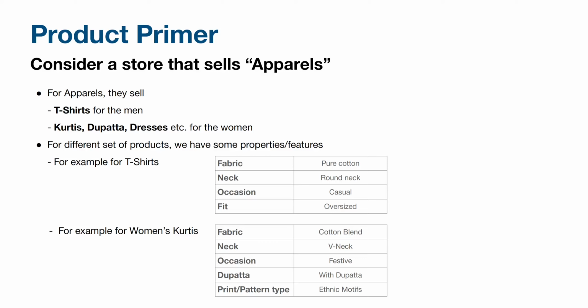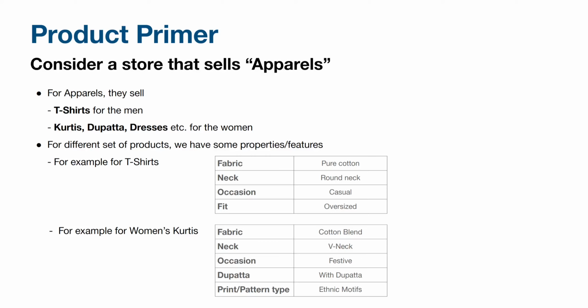Now, for the different set of products in t-shirts for men and kurtis for women, we might have different properties or features of these products. So you can see, for example, t-shirts for men will have these set of properties. It can have more or it can have less, but we have considered 4 here. First one is fabric.